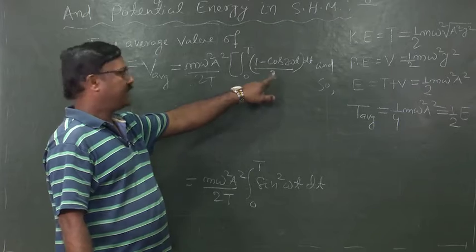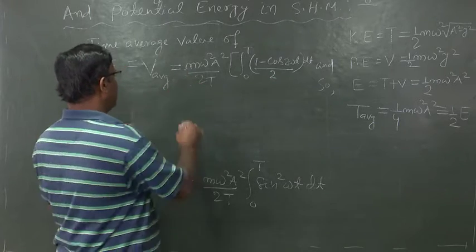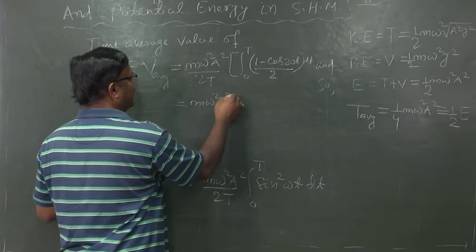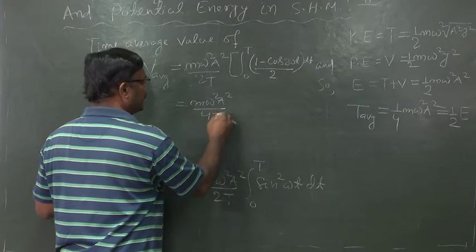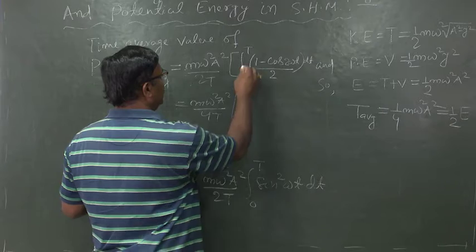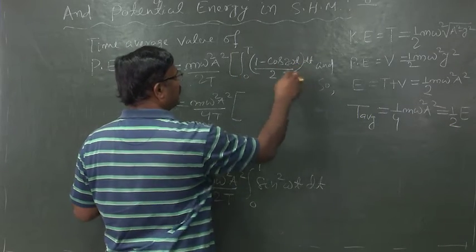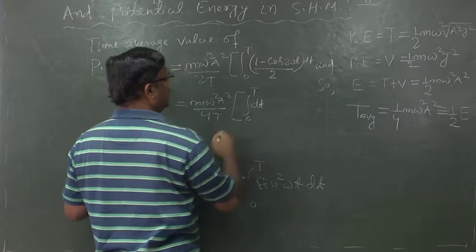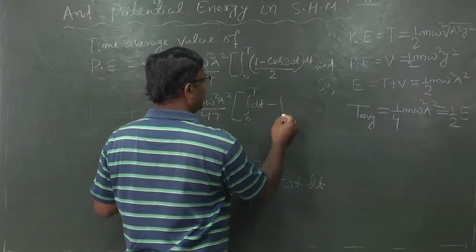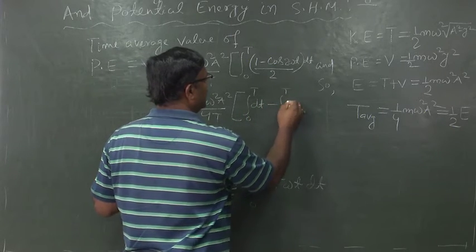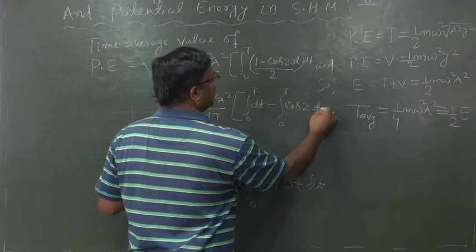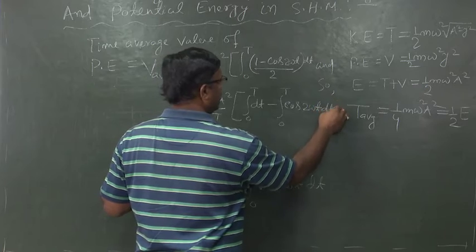Now, this 2 can be taken outside, so this expression becomes m omega square a square by 4T, and within the bracket we can expand the two terms as integration from 0 to T dt minus integration 0 to T cos 2 omega t dt.